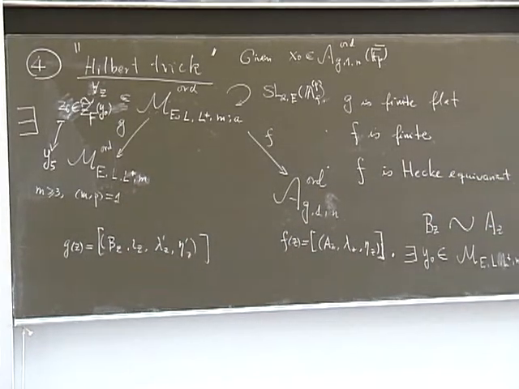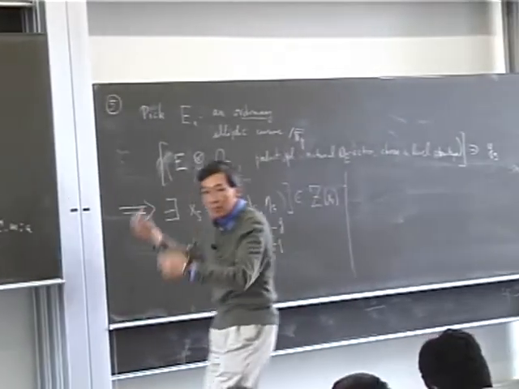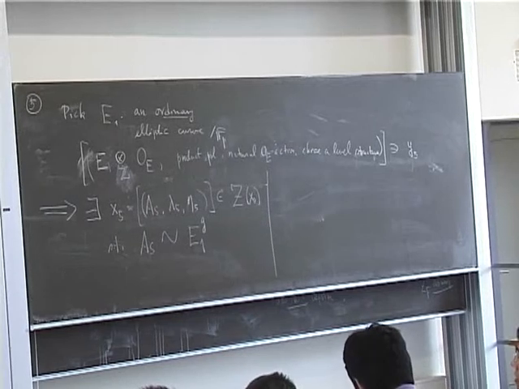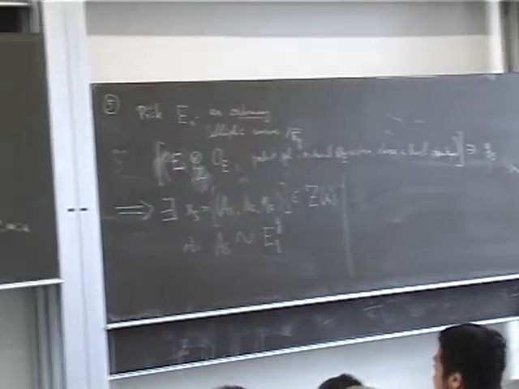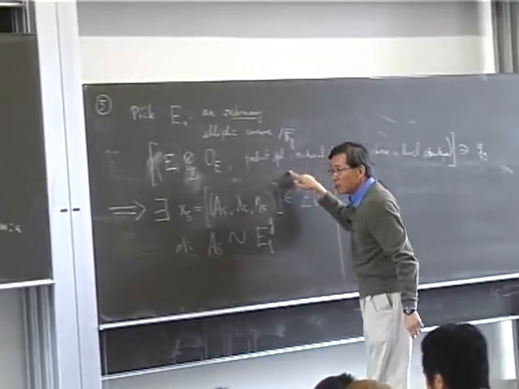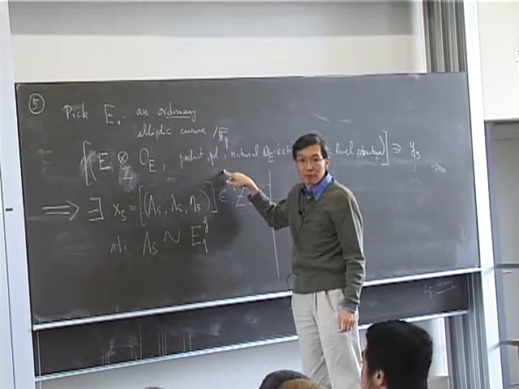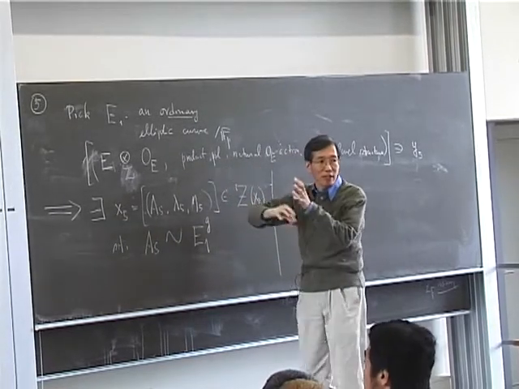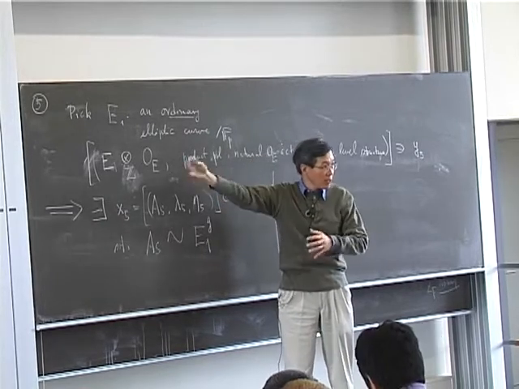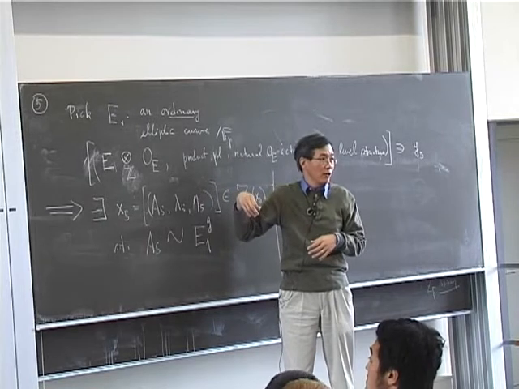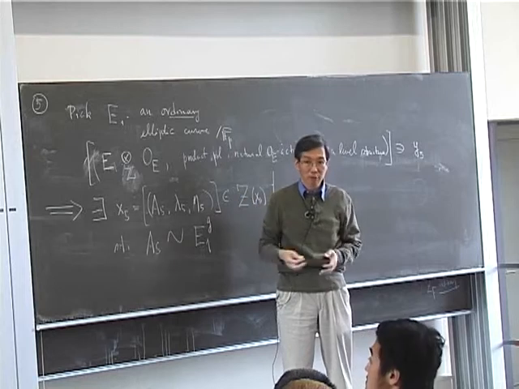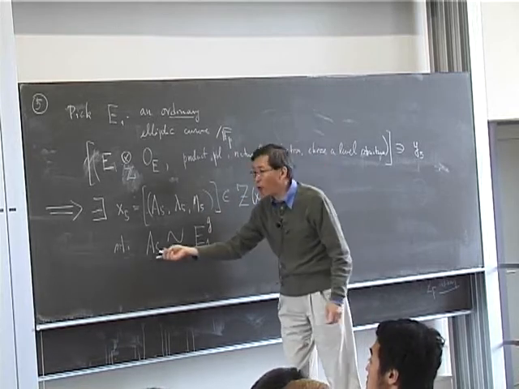Now, what's good about it? What this does is that it allows us to produce some point in the Zariski closure of the Hecke orbit of x0 about which we somehow have some information. That's all it does. I pick out a subset of the Hecke orbit, not the whole thing, because I understand Hecke correspondences a little better on any smaller Hilbert modular variety, so I have produced some point.